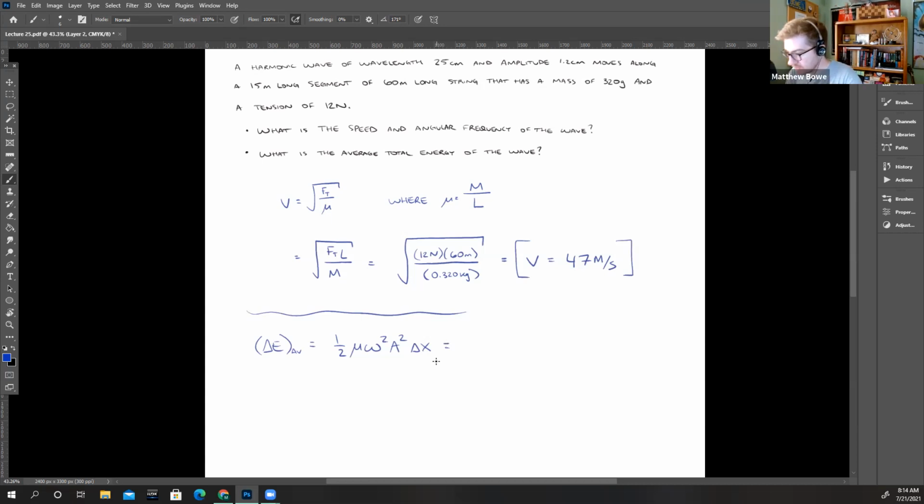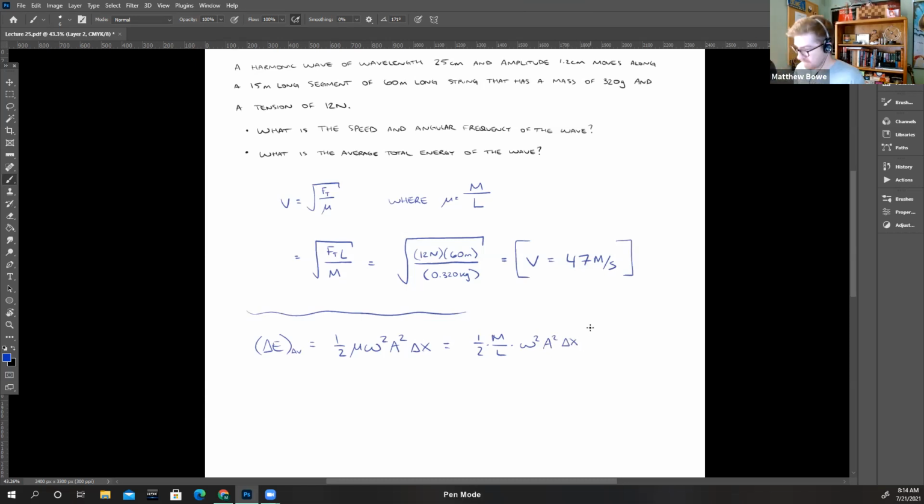And in particular, I'm just going to be using the mass density that I've just solved for up here and putting it into the equation. Okay. Mass over length, omega squared, A squared.